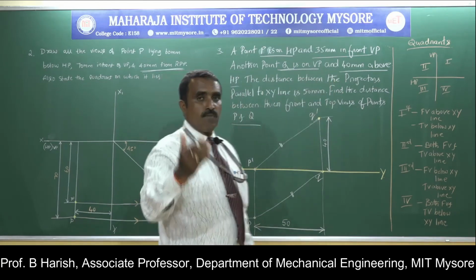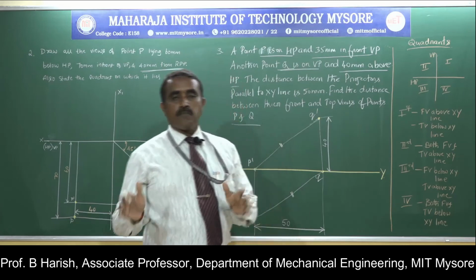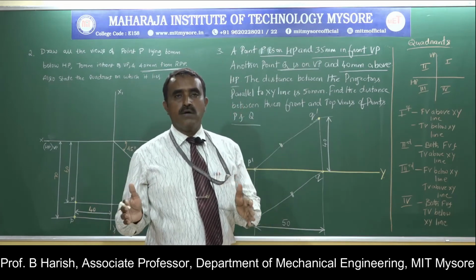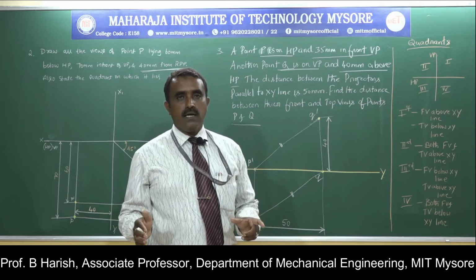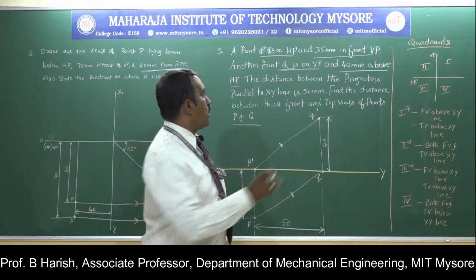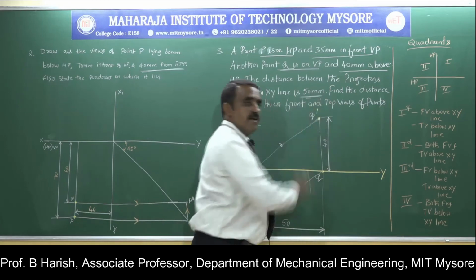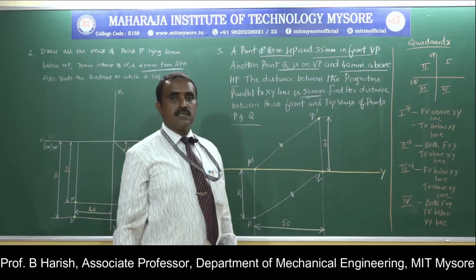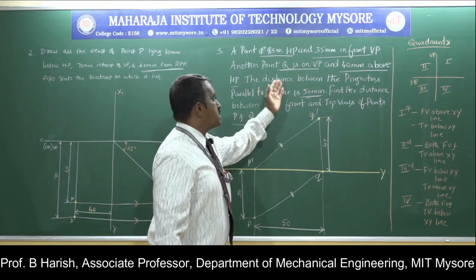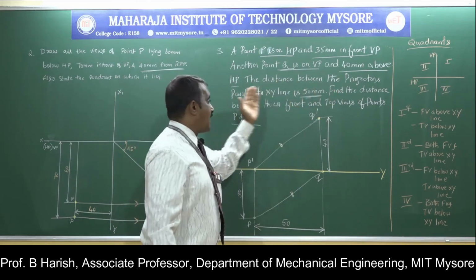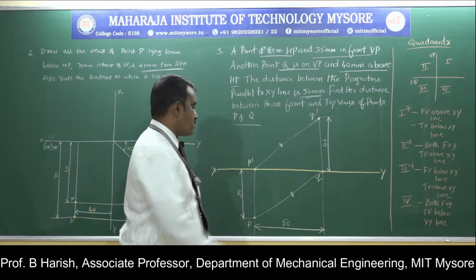In the first problem, it was given that draw the projectors of different points on a common XY line taking a convenient distance. Here that convenient distance is given in the problem itself: 50 mm. It says that the distance between the projectors parallel to XY line is 50 mm.